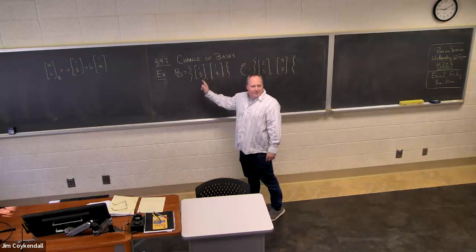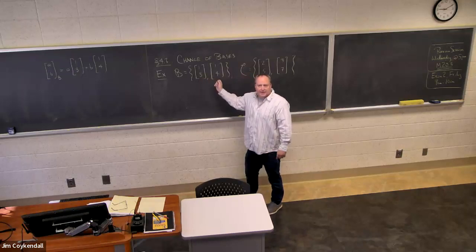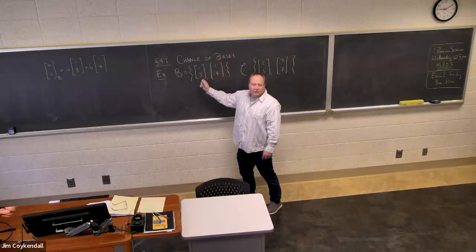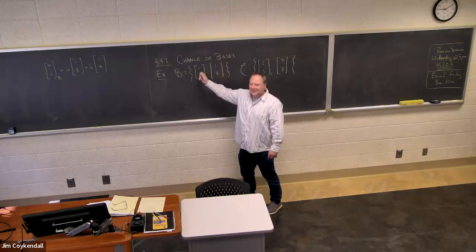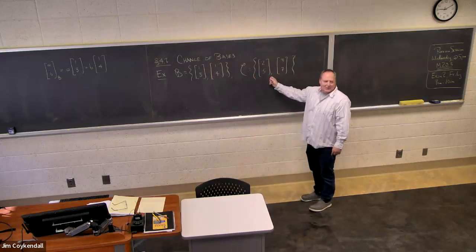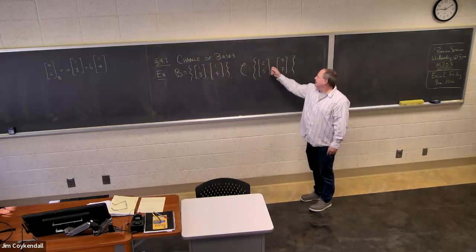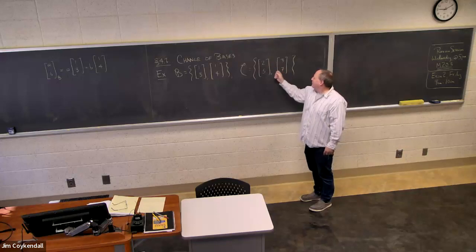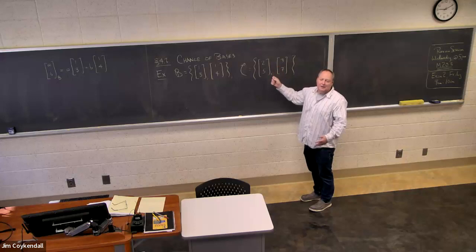If I wanted a matrix that changed B coordinates to standard coordinates, it's just this matrix that I make, right? Everybody agree with that? What's the determinant of this? 1. What about this one? 14 minus 15, which is -1.